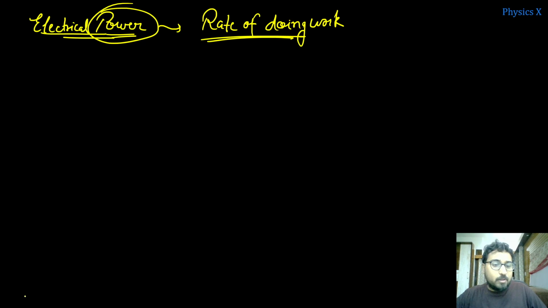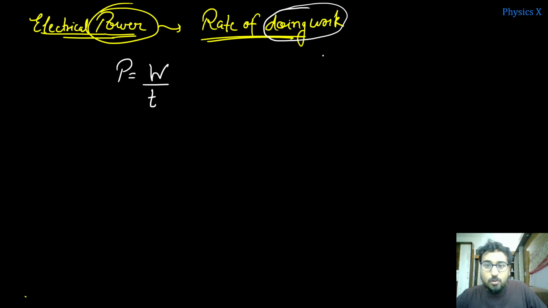Now what happens in electricity? When the work is done, the potential to do the work, we call it electric potential. Now you know that power is going to be work done upon time, right? So what do you call actually a work done?